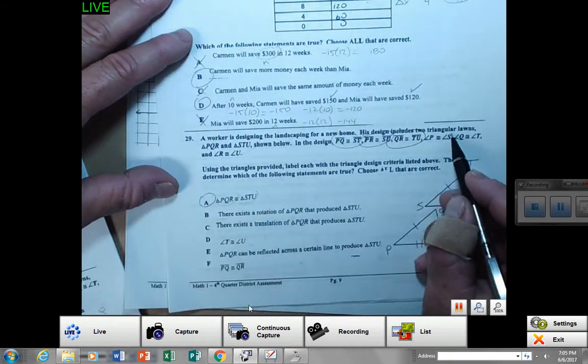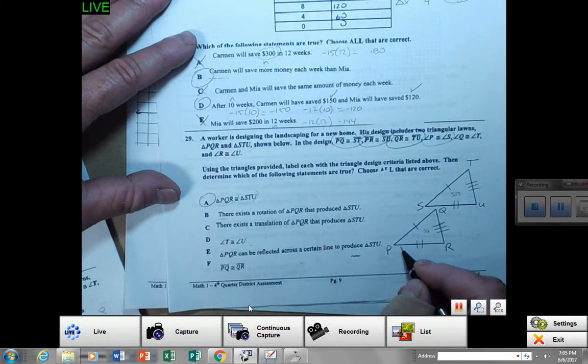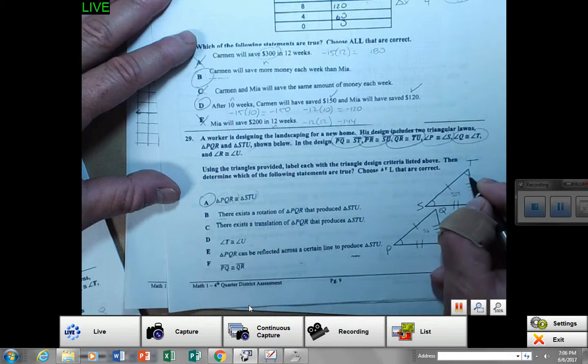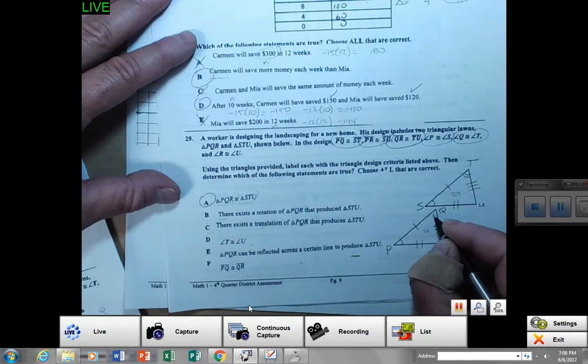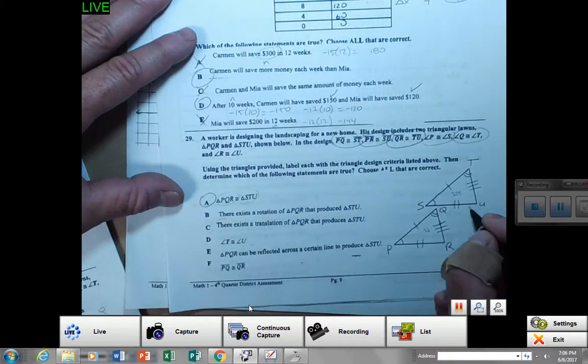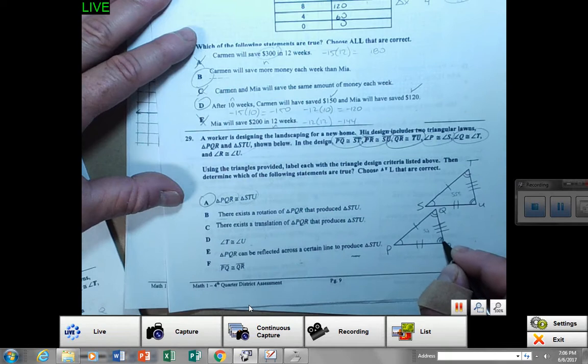This one says angle P is equal to angle S. So I'm going to draw one little line like that. Angle Q is equal to angle T. I'm going to do two marks like that. Angle R is congruent to angle U. I'm going to draw three marks right there.